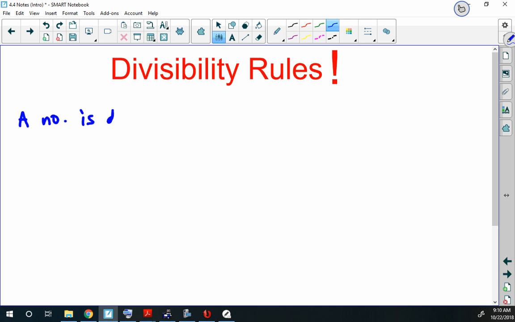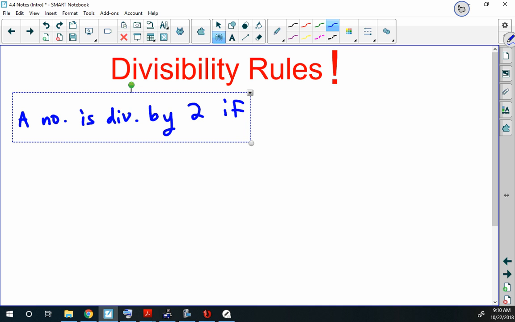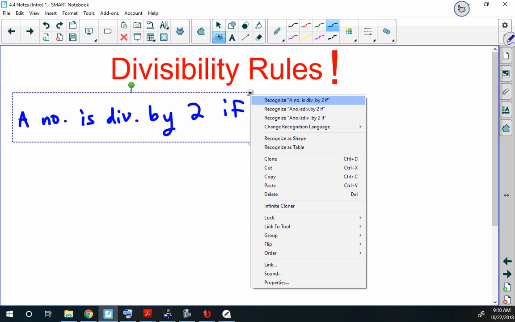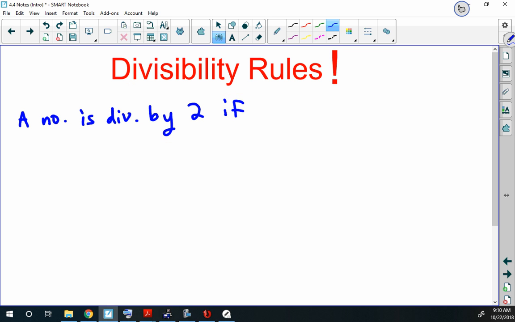So, all right, a number is divisible by 2 if. Anybody know the rule? A number is divisible by 2 if it ends in something special, right?